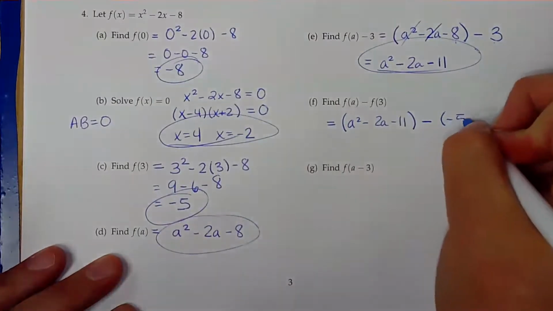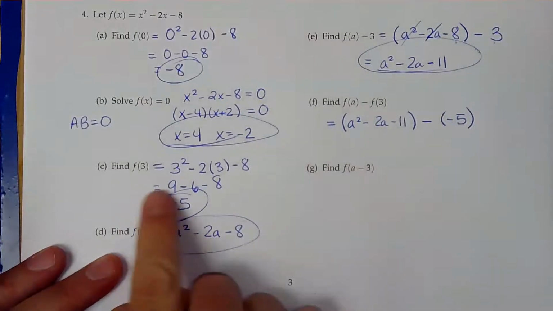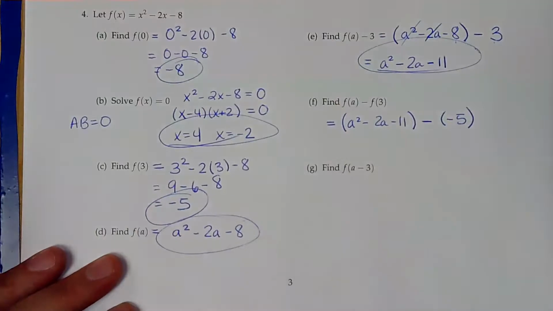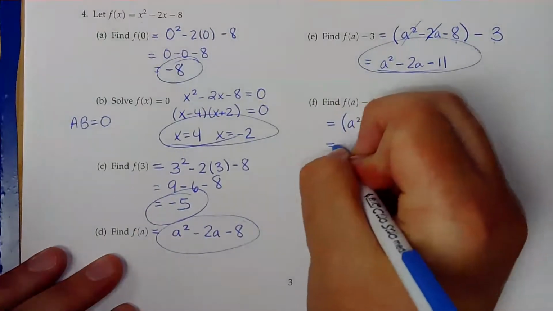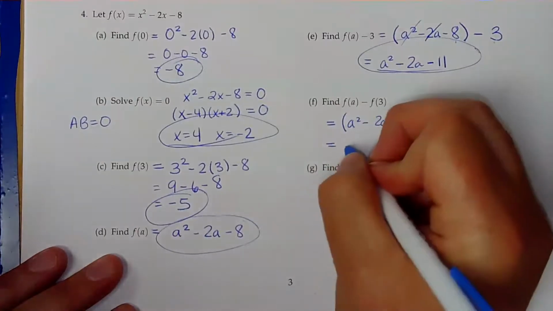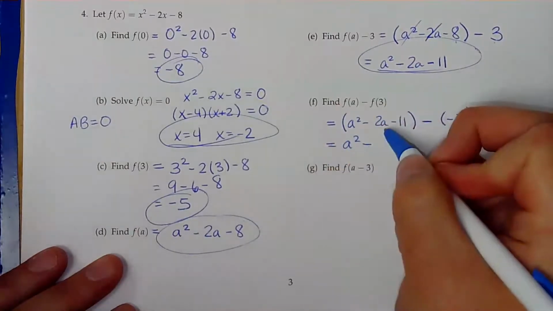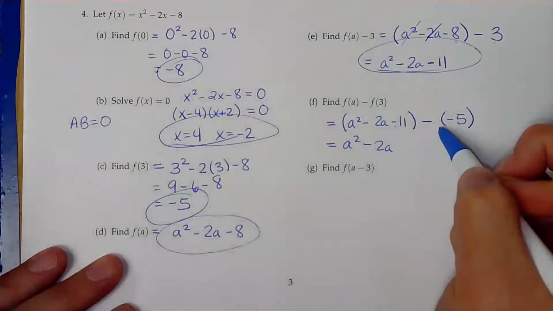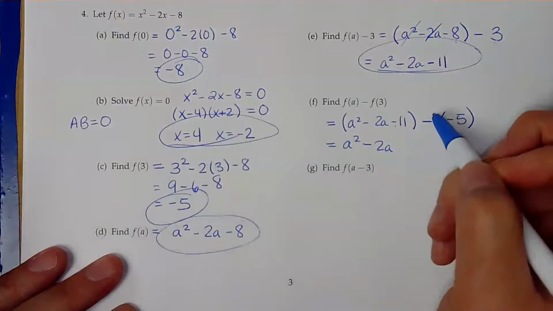If we hadn't found that, we would just do the same process. We'd plug whatever number they gave us into our original function and calculate that out, and then just combine all the like terms. Again, the a squared doesn't have any partners to combine with, neither does the 2a. And I have minus 8, and this is plus 5, because 2 minus signs give me a plus.